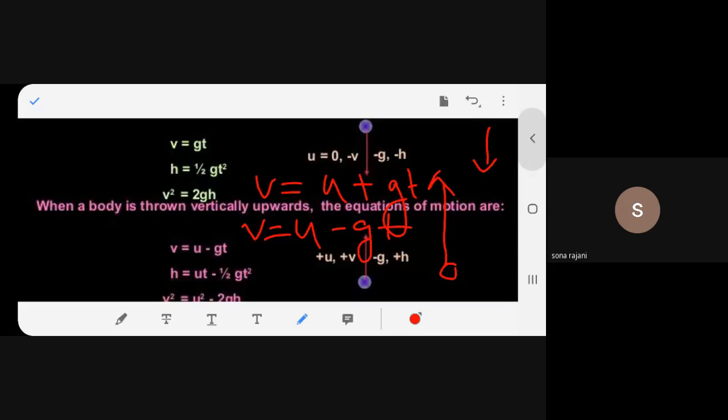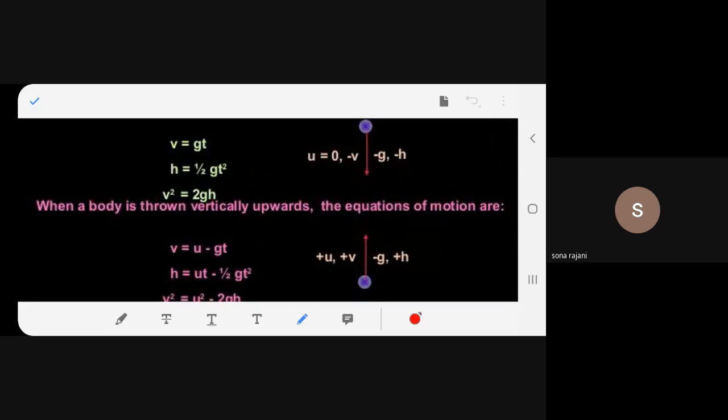Next one, H is equal to ut plus half gt square. Agree? Right? Here is the initial motion because I'm throwing up, so u has to be there. So what it will become?